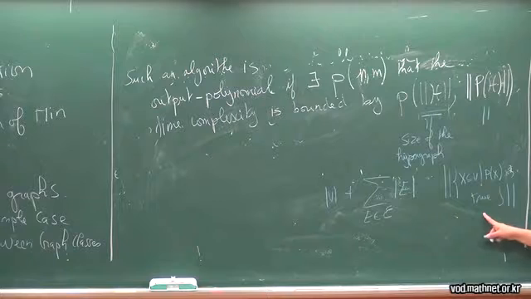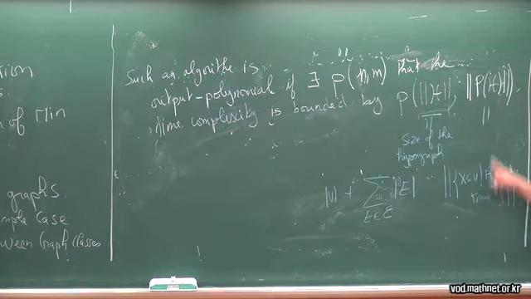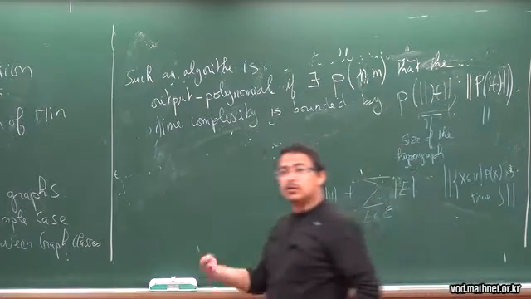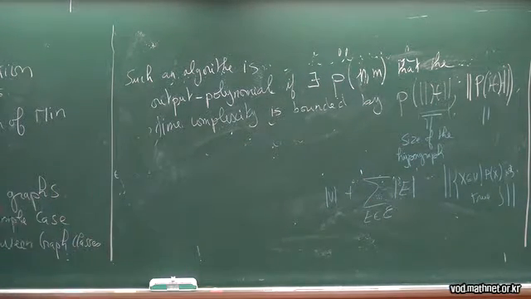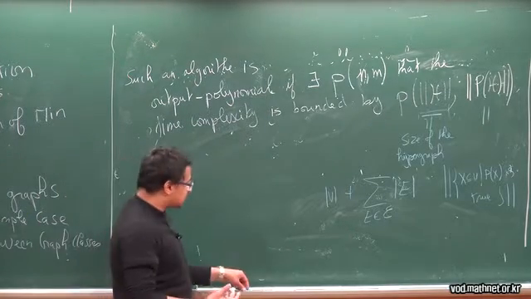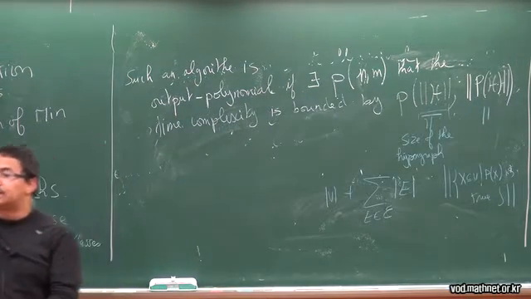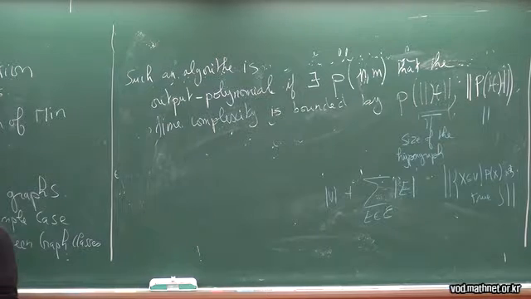So this is also a hypergraph. Okay, and then you will say that your enumeration algorithm is output polynomial if the time complexity is bounded by such a polynomial. So this is strong in the sense that you count at the same time the size of the output and the size of the input.